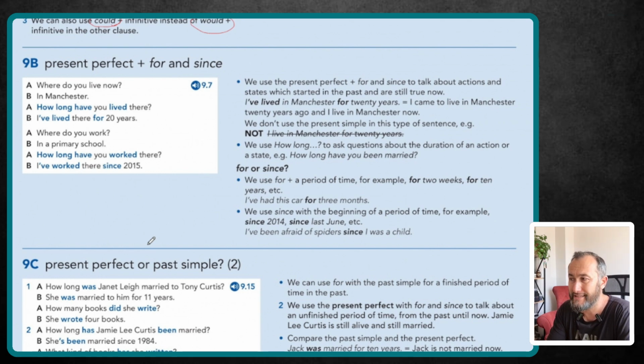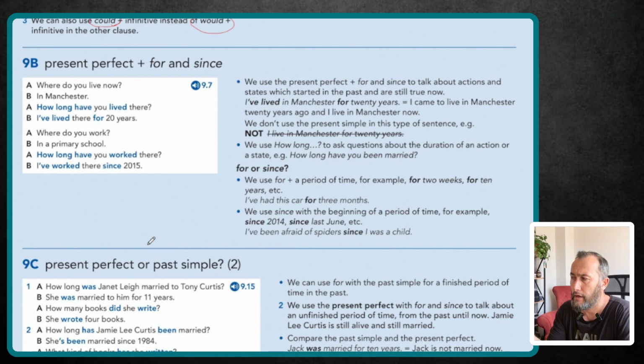So for and since, it means we can use present perfect to talk about duration. Duration, how long something has been happening or continuing for quite a long time, and I want to know how long. And we use this with state verbs most of the time, because if it's an action verb, we're going to go to present perfect continuous, which is level 4, intermediate.